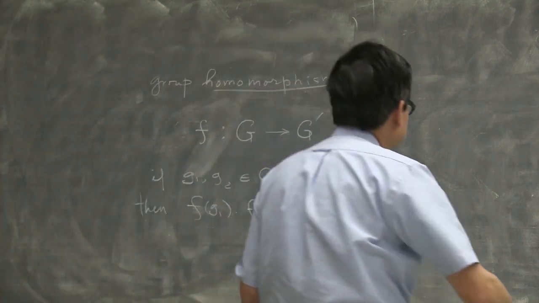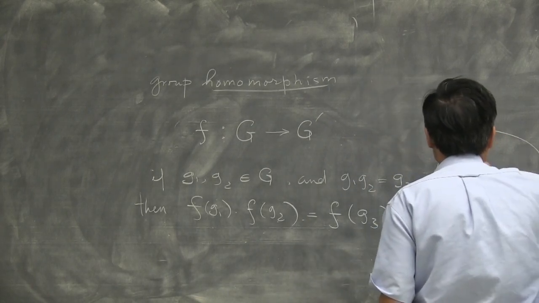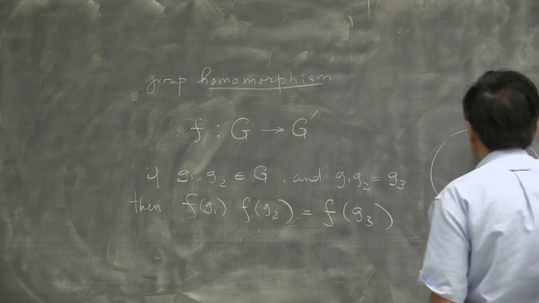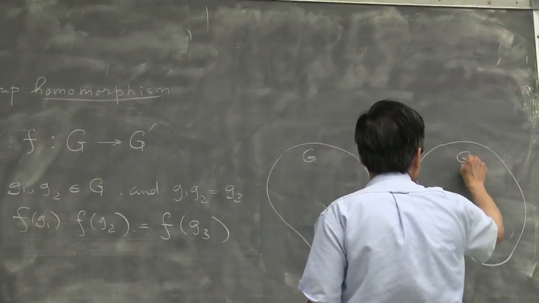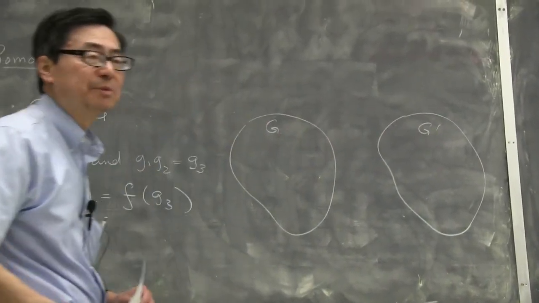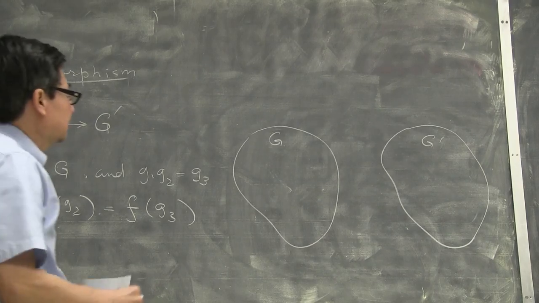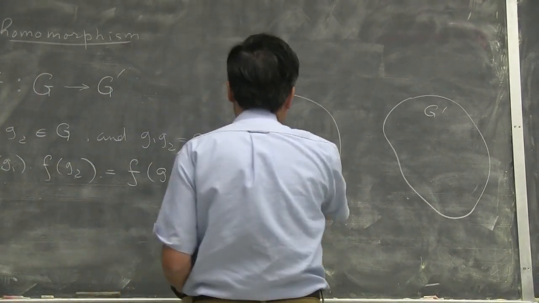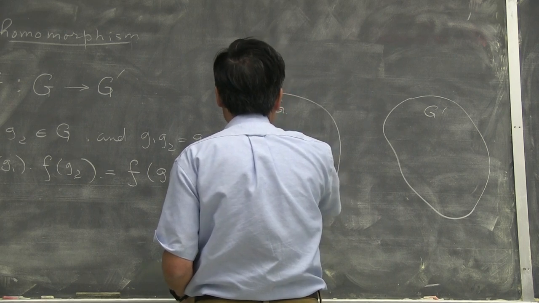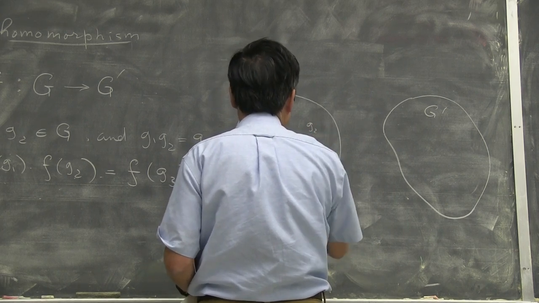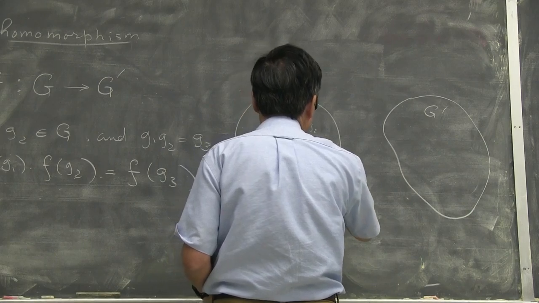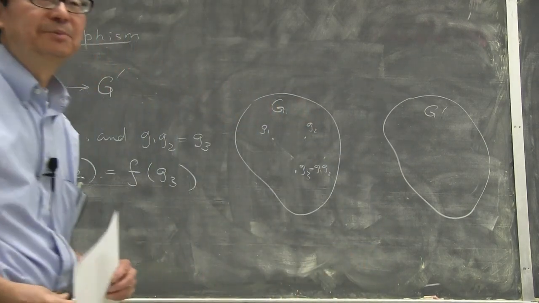Now, let me try to draw a picture so that you maybe have a better pictorial understanding of what we mean by that. Let's say these are two completely different groups, okay? And there's some mapping between the two, all right? The mapping has this property. Let's say this is G1 in the first group, G2 in the first group, and this is G3, which is equal to G1 G2, like so.